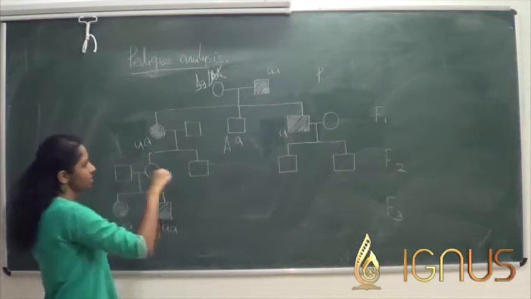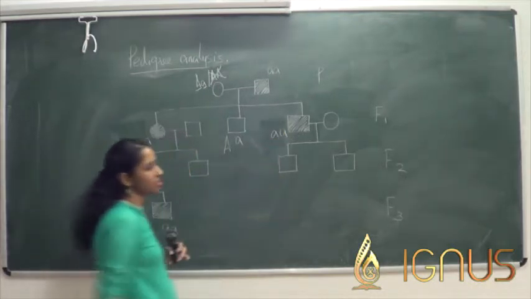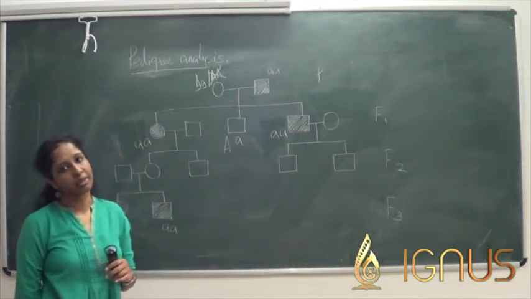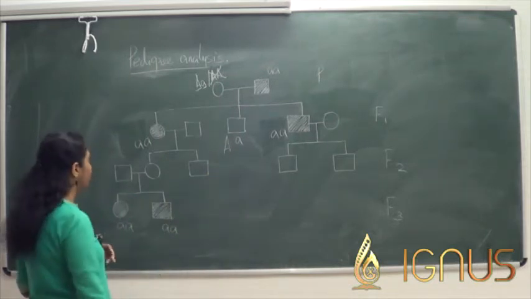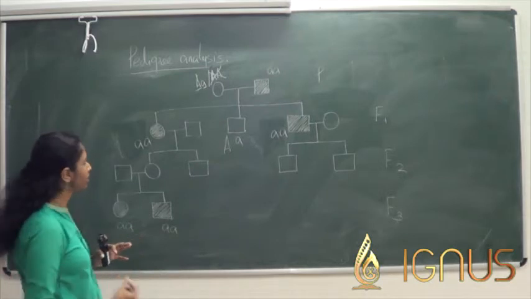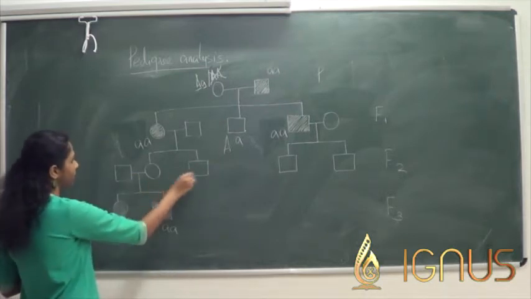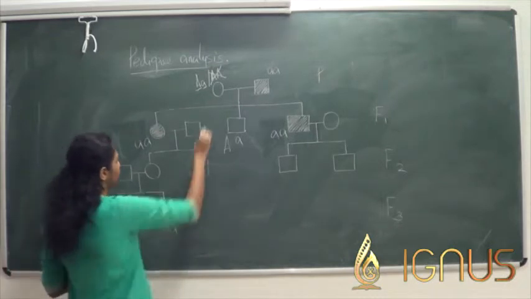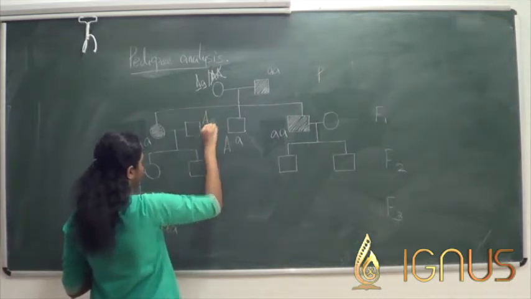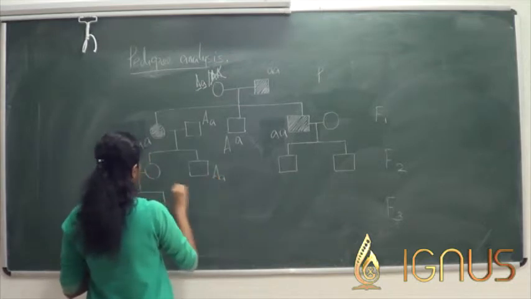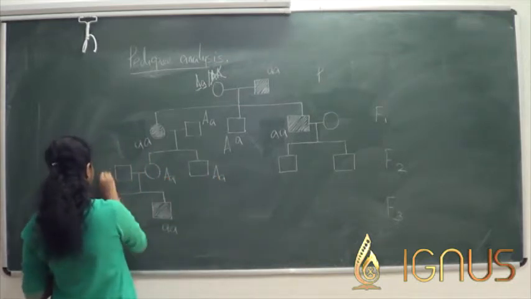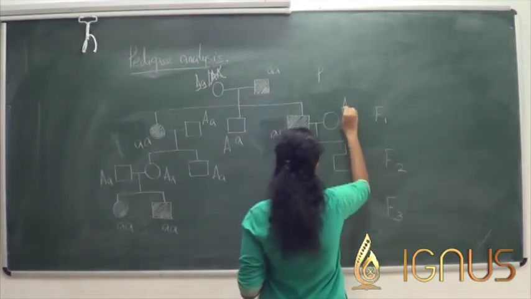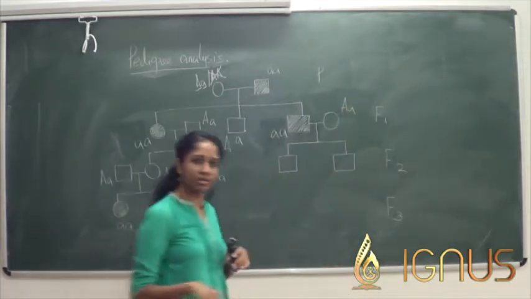So here you have a recessive allele coming from the mother, and here you have a dominant allele coming from the father. Now same thing, carry on. You have all of these individuals not affected, so they can again be heterozygous.